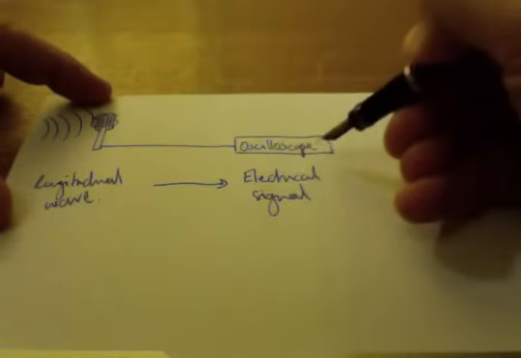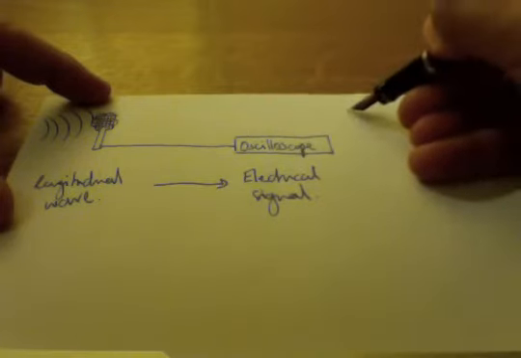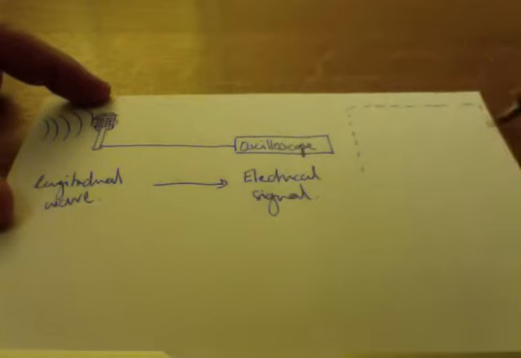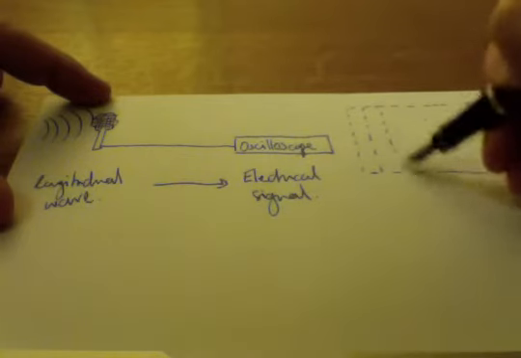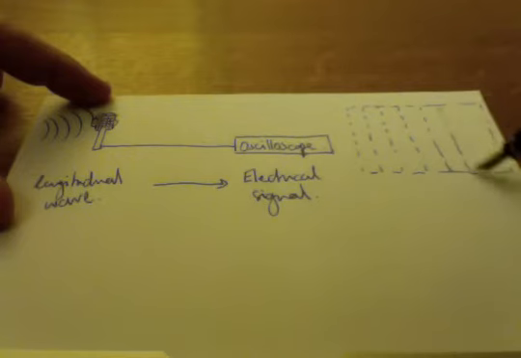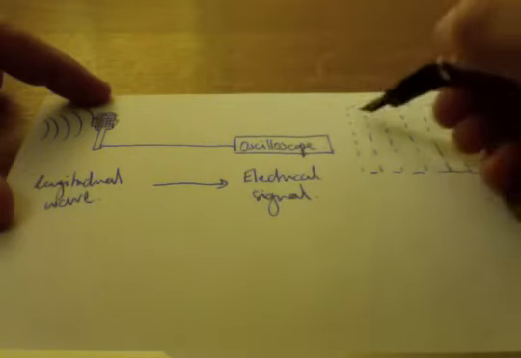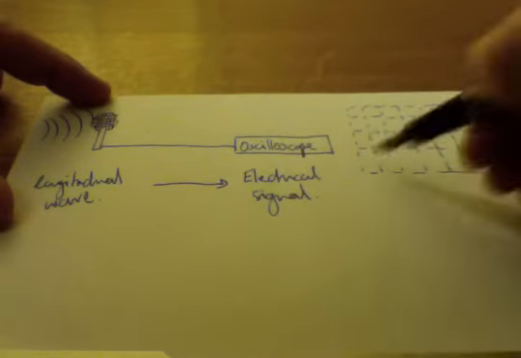And that electrical signal is displayed on the oscilloscope. Now what an oscilloscope is, it's just a screen with lots of squares on it. I'll explain those squares in a minute. It has lots of squares, not just in columns, but in rows as well.